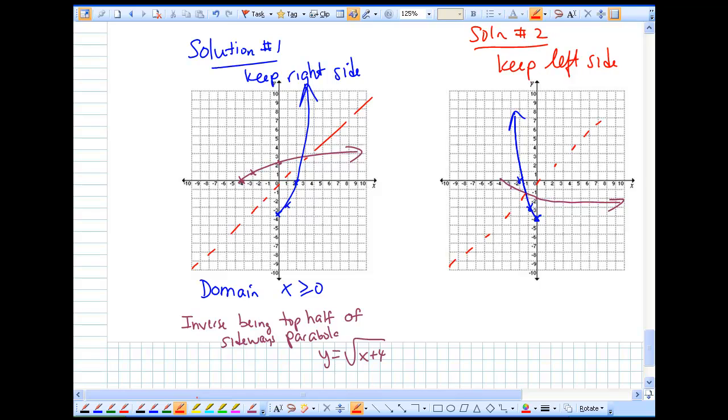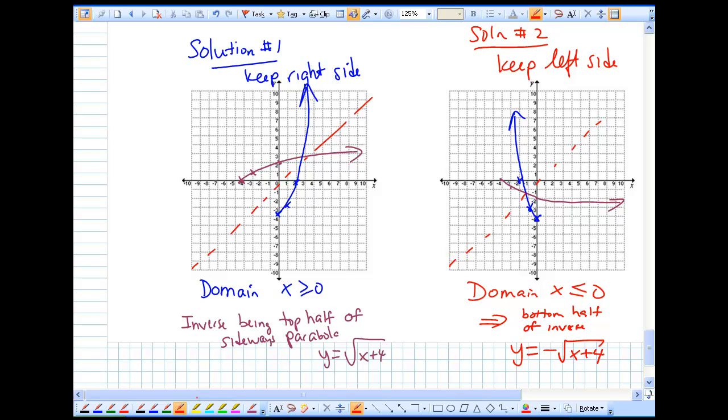Right. Yay! Domain in this case then would be x is less than 0. Okay? And then therefore you keep the bottom half of the inverse or the sideways parabola, and the equation would be the negative.